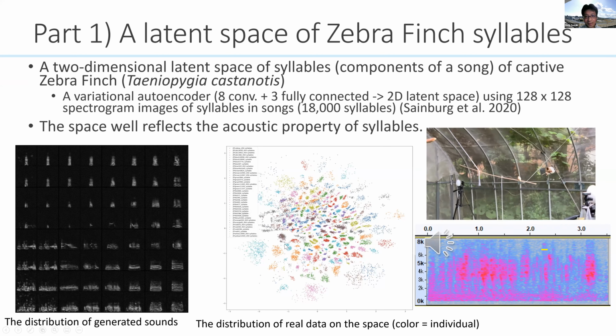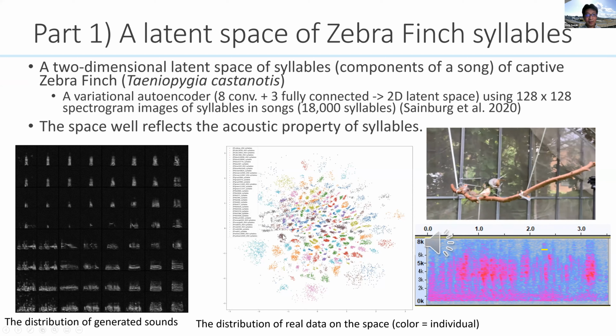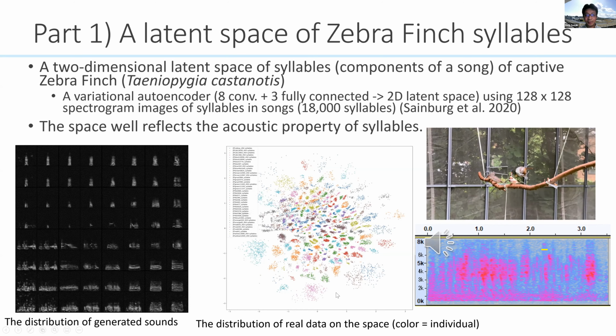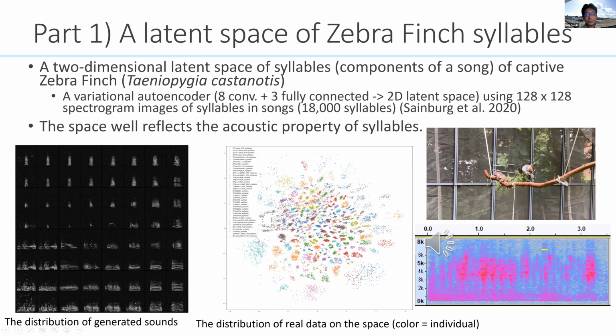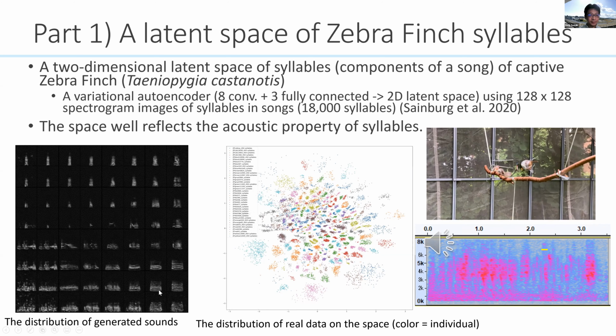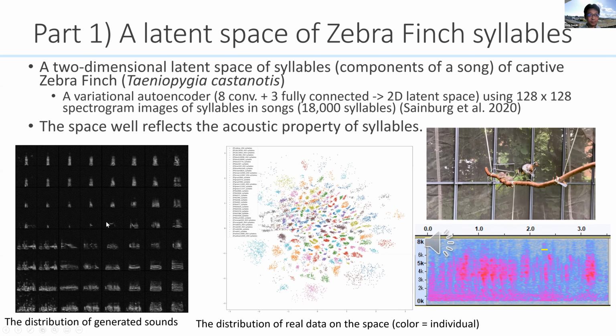As you see, there are clusters with different colors. This means that the space well reflects the acoustic properties of syllables. Each dot corresponds to a real sound in the dataset. And this also shows that the distribution of generated sounds reflects the acoustic properties of syllables.